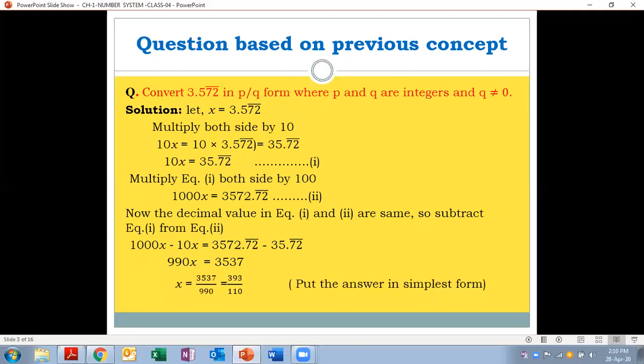So this is what we have got. The value of x is equal to 3537 divided by 990, and in the simplest form we get the value x is equal to 393 upon 110 when we divide numerator and denominator by 9. So the answer in the simplest form for the given value 3.572 bar is 393 upon 110.